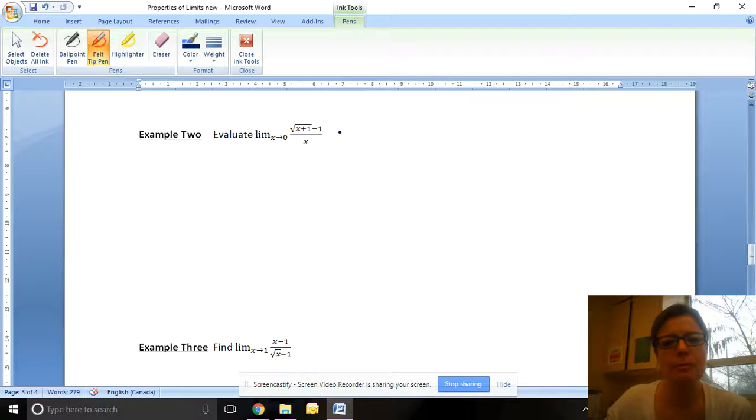When you have a two-term expression like that, we multiply by the conjugate. In this case, the conjugate is root x plus 1. We also divide by it, so in essence we are just multiplying this function by 1, and that's why we're allowed to do that. By multiplying by a conjugate, we're able to simplify this in a way that is useful to us.